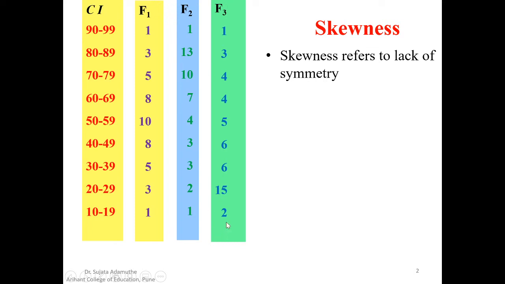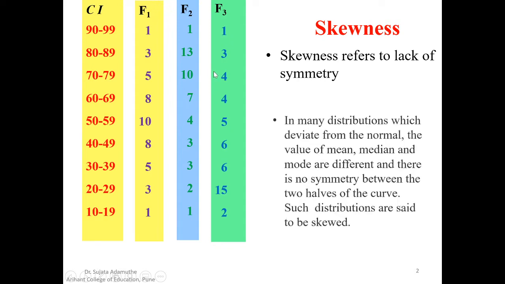That means on both sides of the highest frequency there is no symmetry, and this is called skewness. Again I will repeat, skewness refers to lack of symmetry. In the first group there is symmetry, but in these two groups there is no symmetry, and that is called skewness.